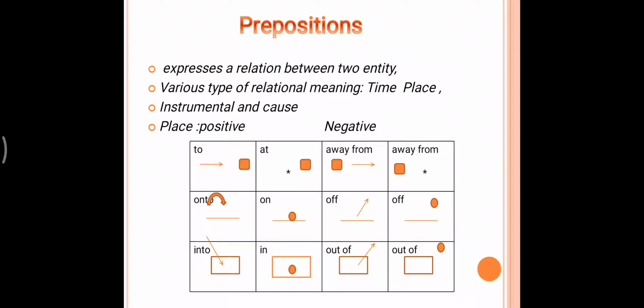Simple prepositions are at, on, in, for, with. Complex prepositions are along with, as far as, so far, away from, due to, because of, in comparison with, in front of, at the back of.